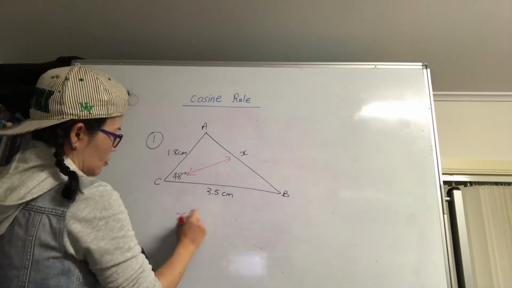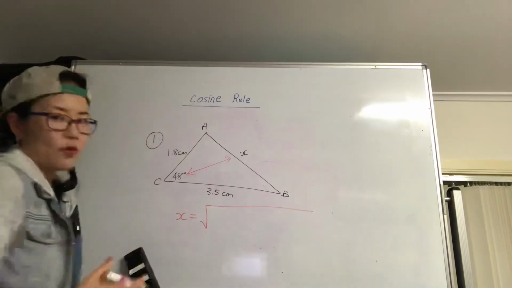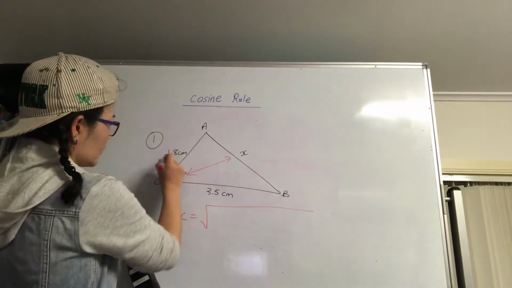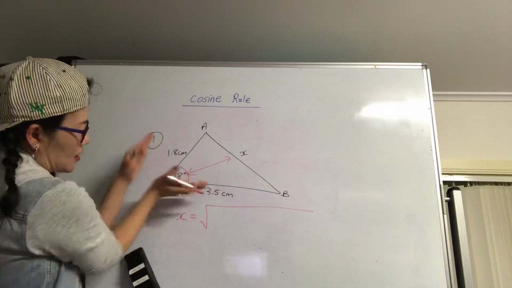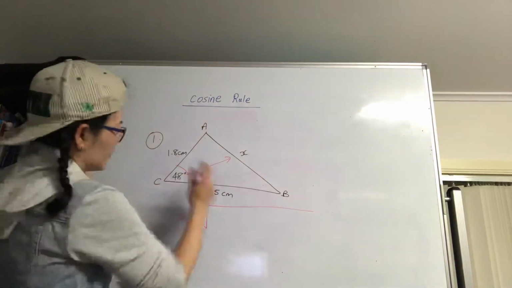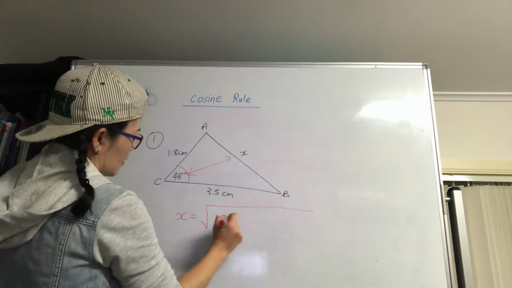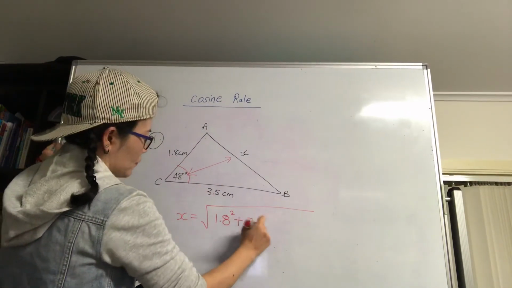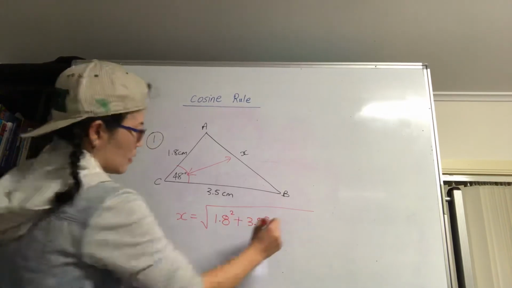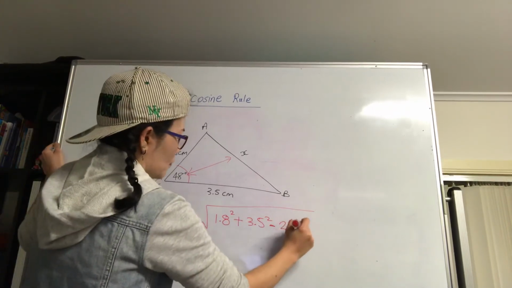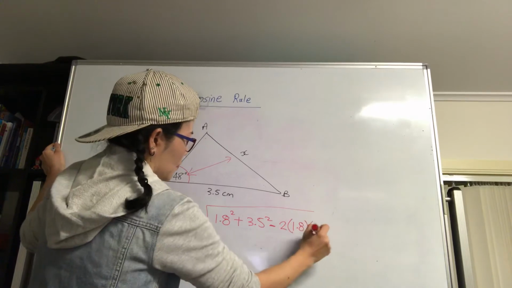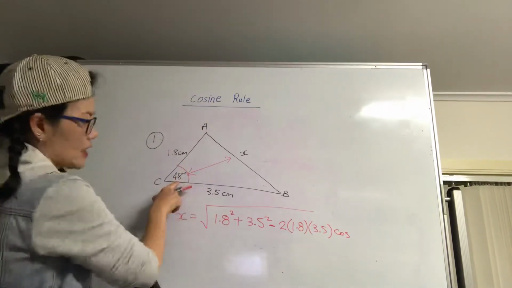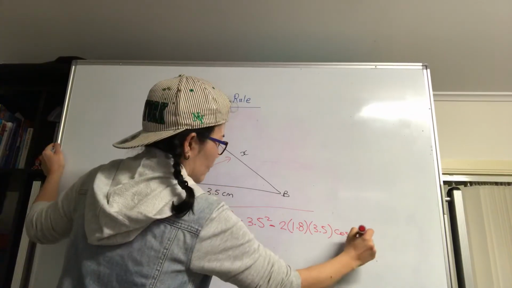I'm going to go x equals, remember, square root. Whatever is surrounding the angle goes in here. So it'll be 1.8 squared, don't forget the square, guys, plus 3.5 squared minus 2 times 1.8 times 3.5 times cos 48 degrees.